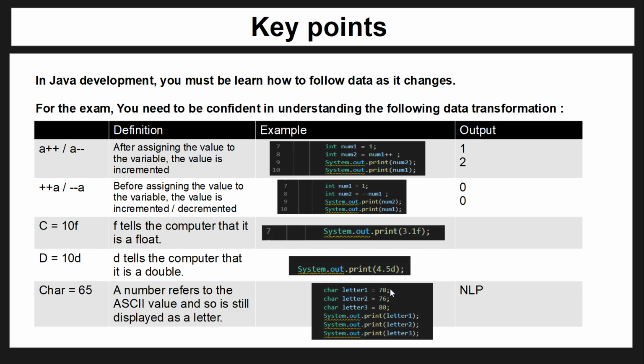Then you need to be able to point to the fact that in a char data type, you can input a number and it will refer to a letter. For example, I've put 78, 76 and 80, and that's just going to output NLP.